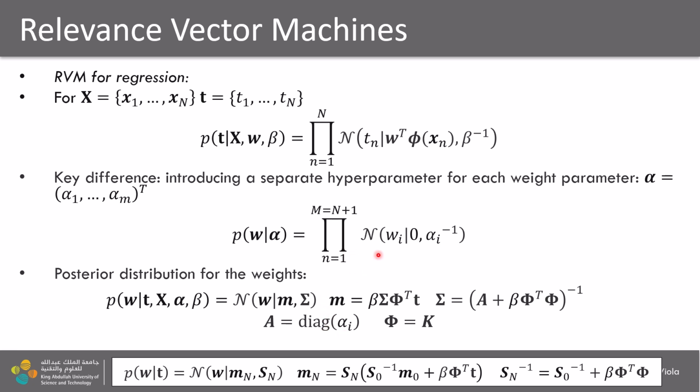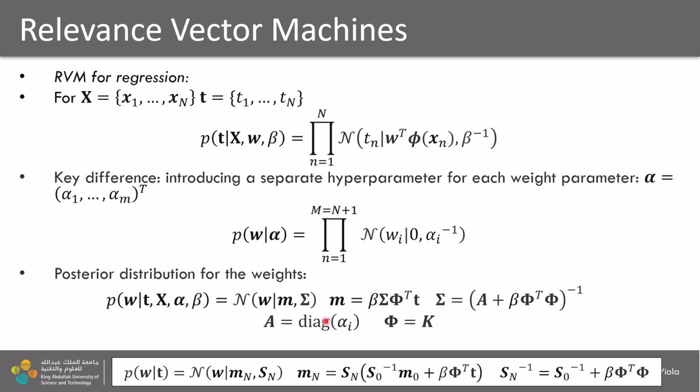So 1 divided by alpha i is the variance and alpha i is the precision, and we form the matrix A this way, then perform the inverse, and we have our covariance matrix sigma.